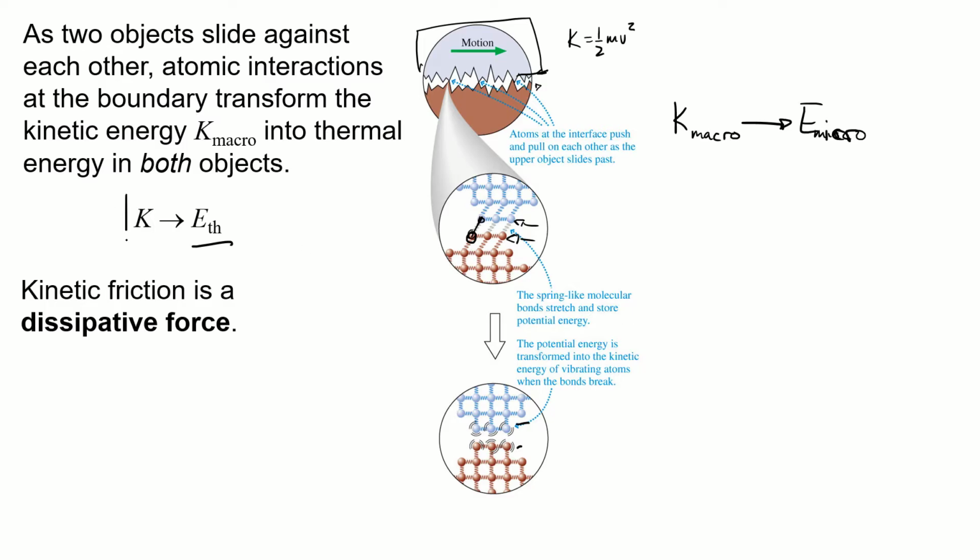So the transfer we're looking at when we have these dissipative forces is macroscopic kinetic energy being transferred into thermal energy, right? And that's because kinetic friction is what we call a dissipative force. It's one of the forces that do this sort of thing. Drag would be another one.